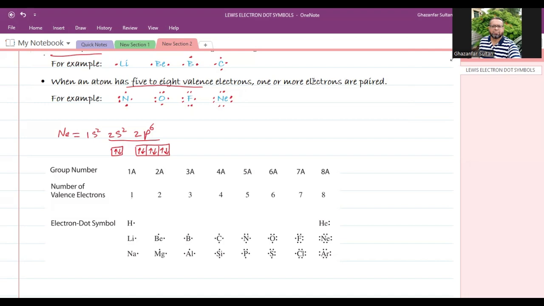In the same group, they are symbolized similarly, except helium, because of its properties. Helium is placed in group 8, but it has only 2 electrons, so it has some deviation, and its electrons are usually written in a pair. For the rest of the elements, for the whole group, the electron dot symbol is similar. So there is no difference.